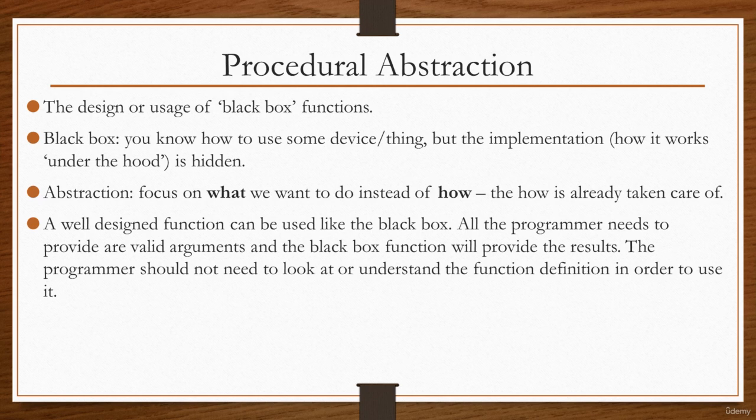So the function definition in that case already exists. Some programmer already went ahead and implemented that function. Let's say we use some function from the standard library such as abs that we've already discussed and so on. We can just use it. We don't care about how it is defined or how it works under the hood, basically. We just want to use it, and in that way we also don't have to reinvent the wheel each time. We can just use existing functionality.